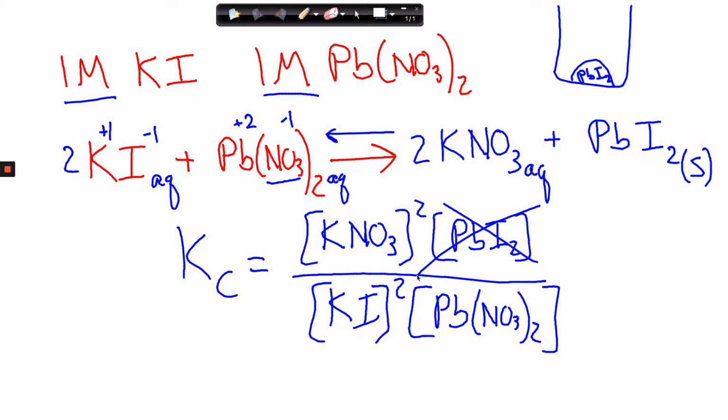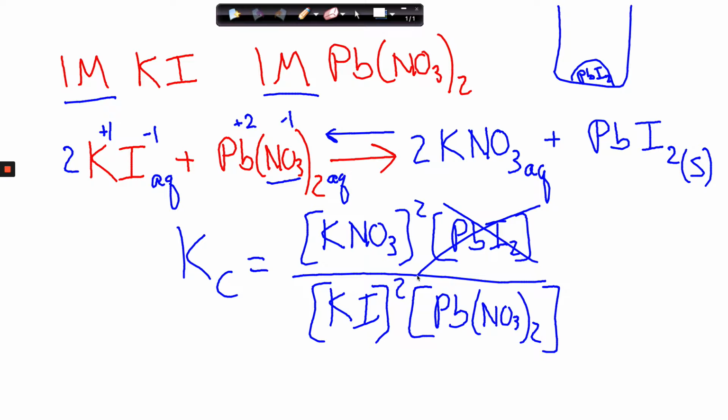Fundamentally, liquids and solids never show up in your Kc expressions because they don't have molarities. They also don't show up in Kp expressions because they don't have pressures. They're not gases.